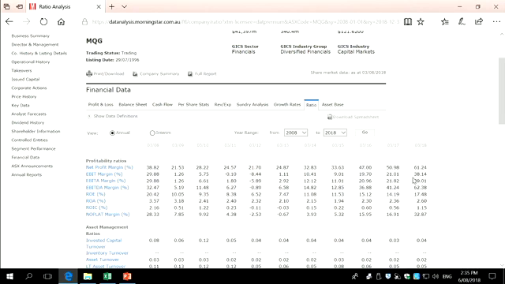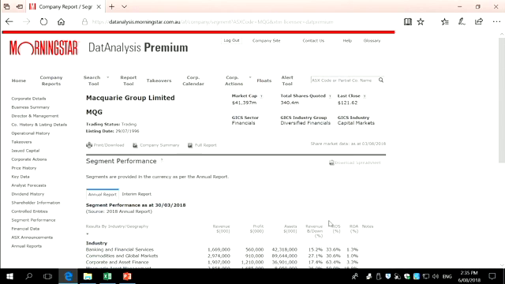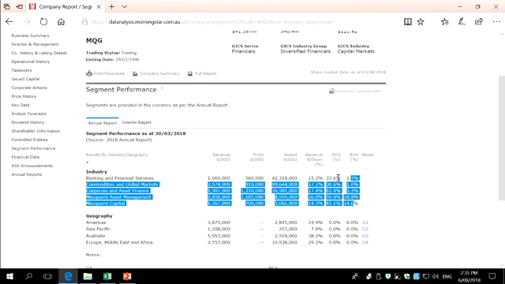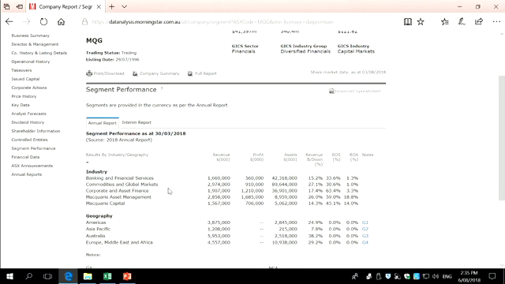Okay. Now we have some very general understanding of the business of Macquarie Group. It's a highly risky industry, and it has several business segments. If you look at the segments, the revenue breakdown is quite even, but you look at the return on asset, return on sales, they are quite different because the risk of these business units are quite different.